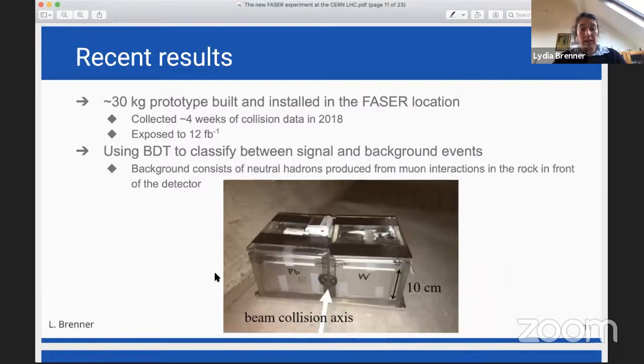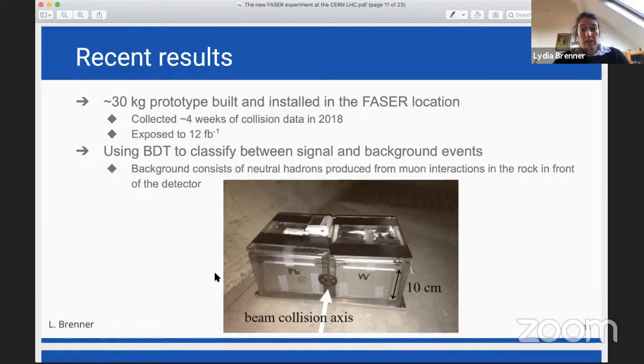So we built an approximately 30 kilogram prototype, which was installed in the FASER location and collected about 4 weeks of collision data in 2018. In this time, it was exposed to 12 inverse femtobarn of data. We then used a BDT classifier to classify between the signal and the background events.